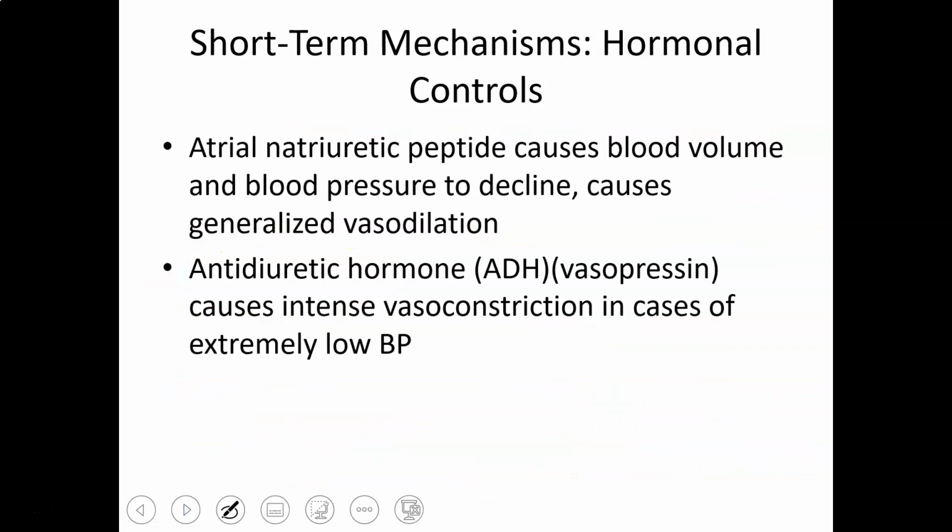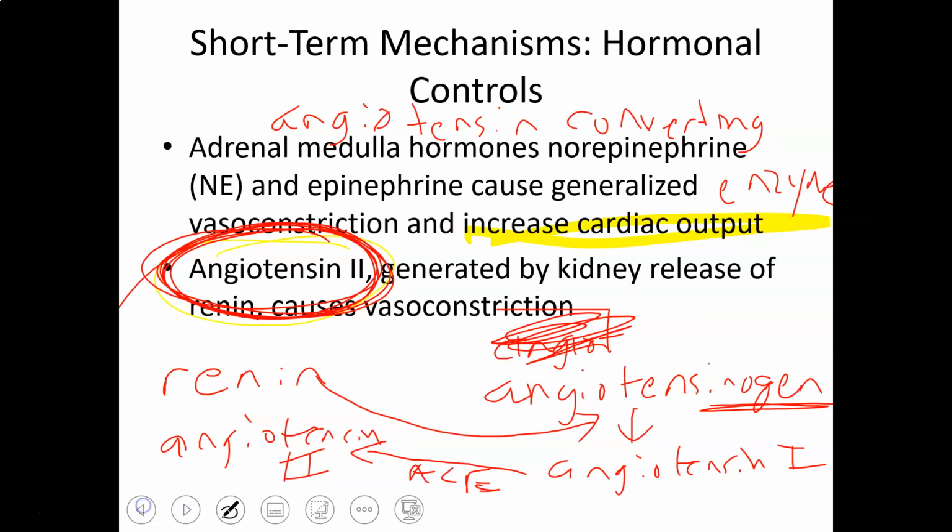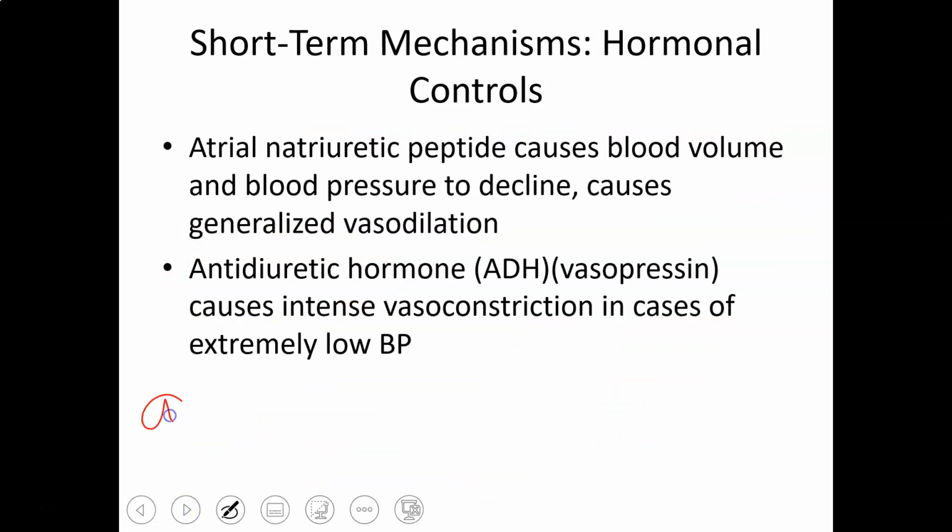What does angiotensin 2 do? Well, angiotensin 2 is a serious hormone. It's a vasoconstrictor.